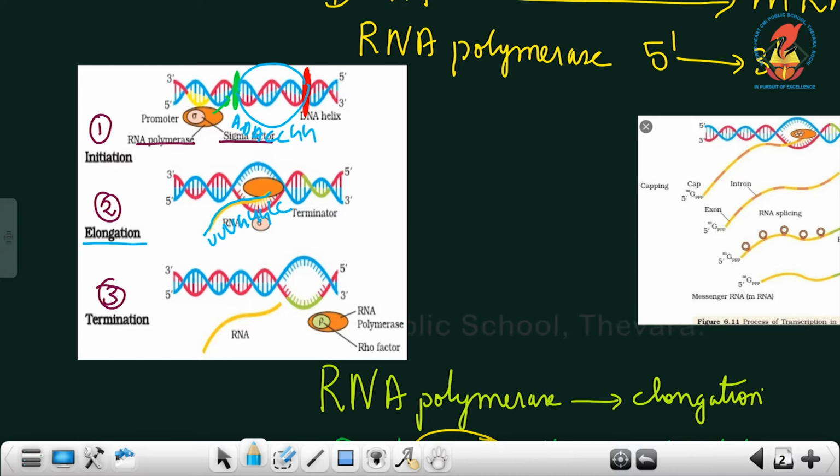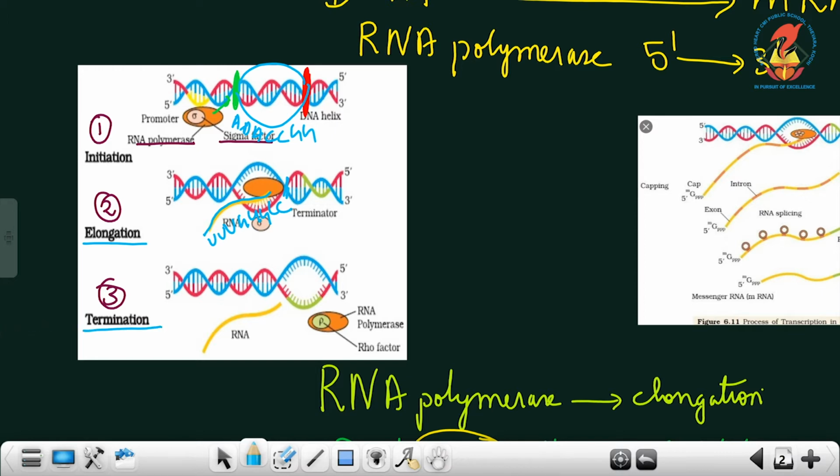And this continues till where? Till it reaches the terminator. So this is called elongation. Elongation is simply adding bases, or polymerization, done by RNA polymerase alone. Is it associated with any factor? No. Then last is termination.